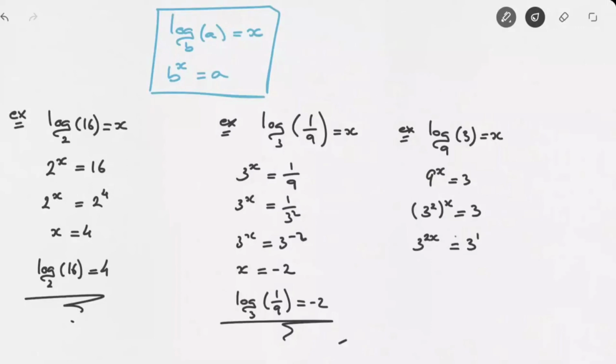So we now have our exponential equation, and both sides are written as powers of 3. So we can just go ahead and equate the exponents. That would be 2x equals 1. Solving this leads us to x equals 1/2. And so we have our answer. Log base 9 of 3 is equal to 1/2.